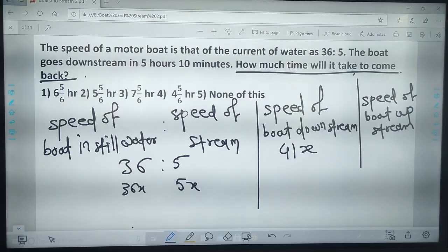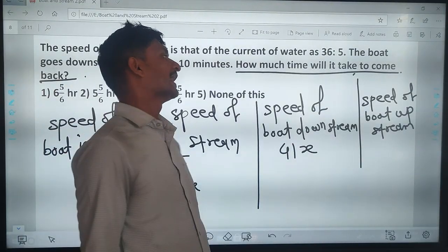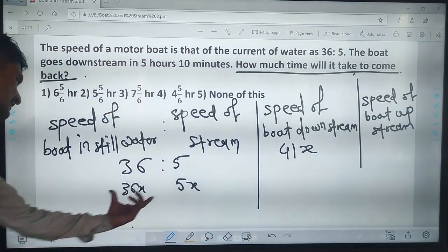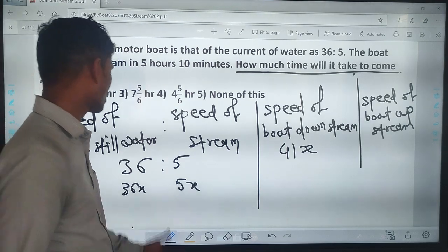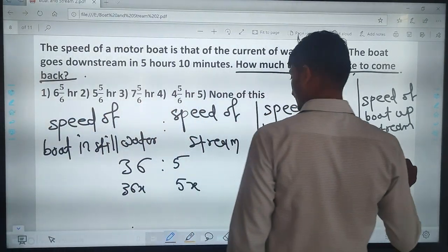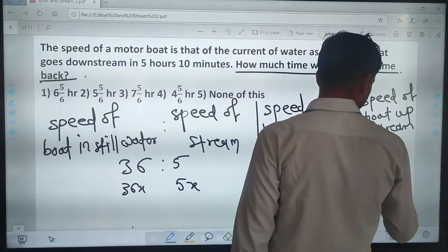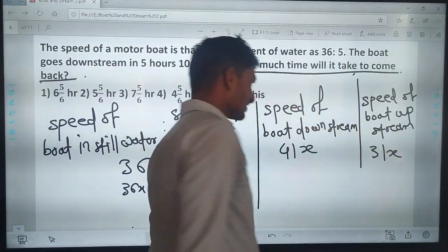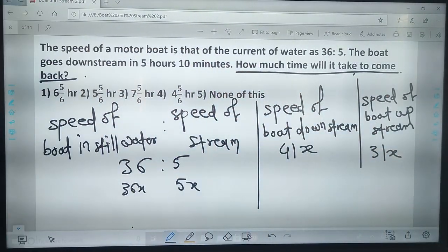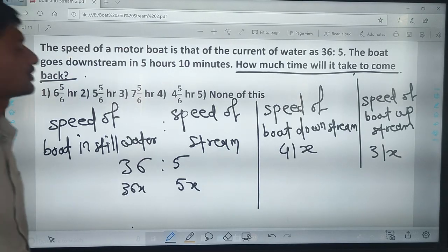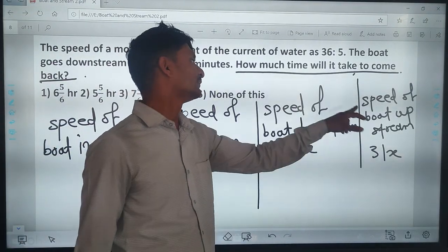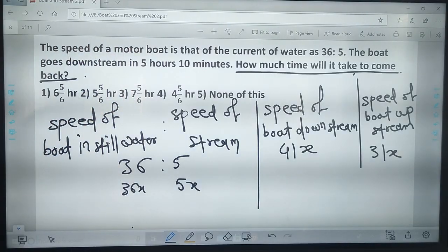Addition of these two is the speed of the boat downstream, and the speed of the boat upstream is the subtraction of these two, that is 31x. Speed of the boat upstream is 31x, and speed of the boat downstream is 41x.